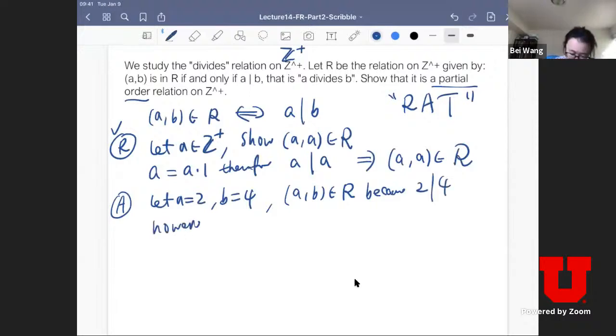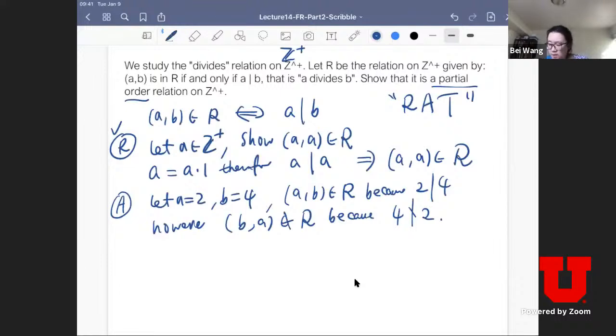However, BA is not in the relation because 4 does not divide 2. Okay, so this is a check, but not a proof. So I now need to write out the proof.